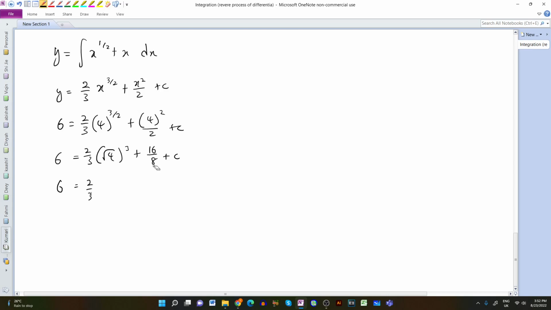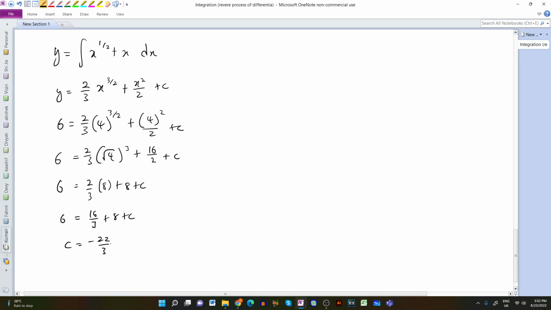Oh, sorry, 2 here. Square root of 4 is 2. 2 cubed is 8. And if you solve this, so C is -22/3.